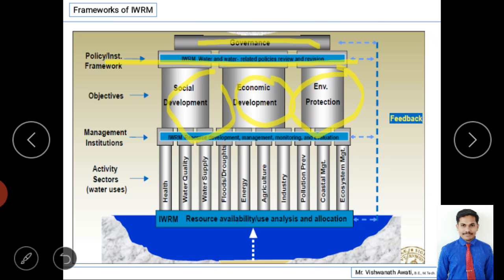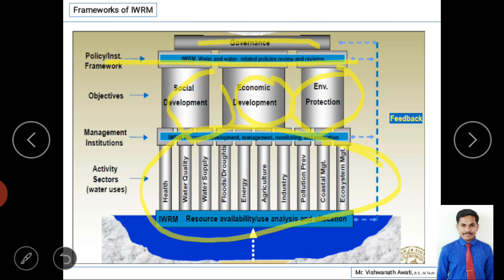Because management institutes are there, but the main thing is we have to provide serviceability to different sectors. One is the health sector, where we have to provide water quality, water supply, and also floods, energy, agriculture, industry, pollution prevention, coastal management, ecosystem management. These are some main requirements, right?